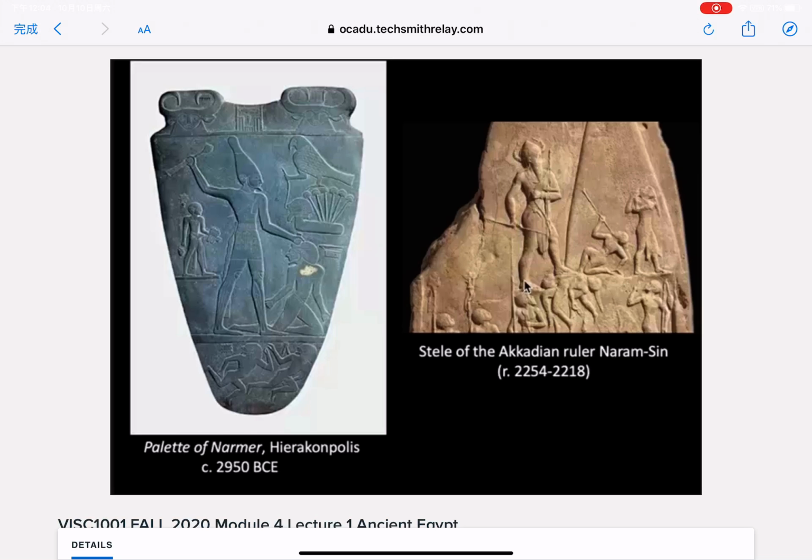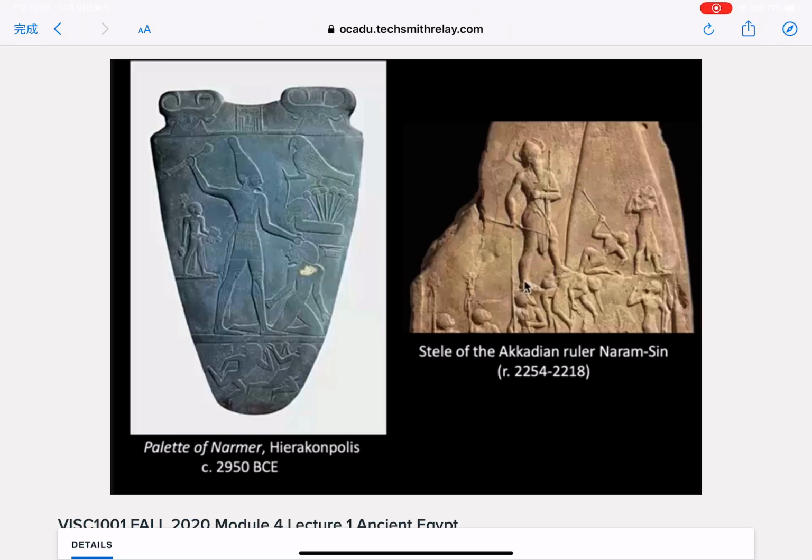And this signifies commonality or some components that are shared across these two massive civilizations, even though they are geographically very far apart in their location.